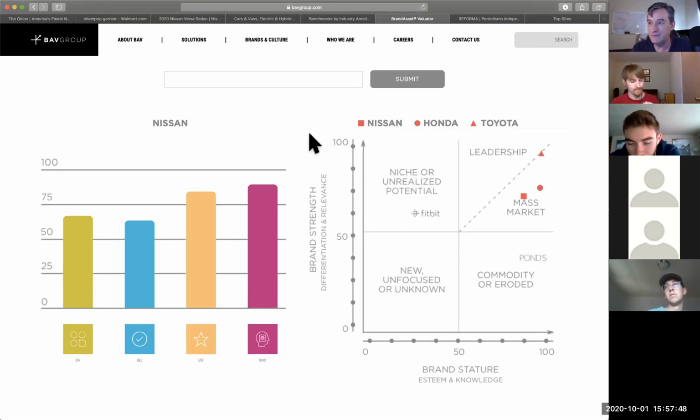So you have here Nissan, Honda, and Toyota. In the vertical axis, you have brand strength. Horizontal axis, you have brand stature. And you see the square, which is Nissan, is below the two others. Actually, in brand stature, Toyota and Honda are at the same level, but the strength of Toyota is higher this year.